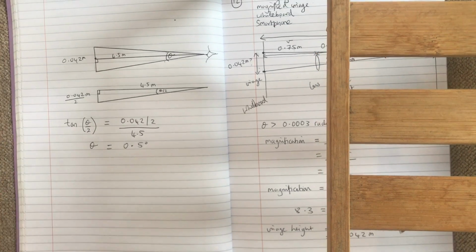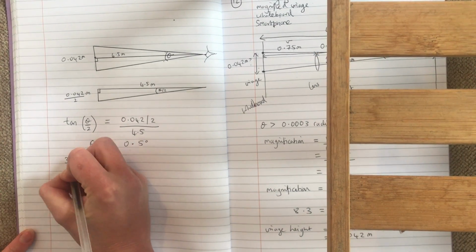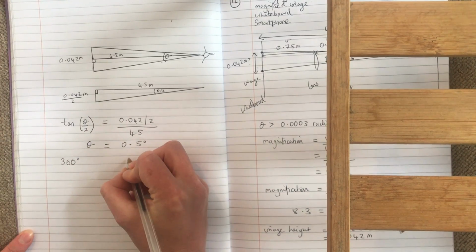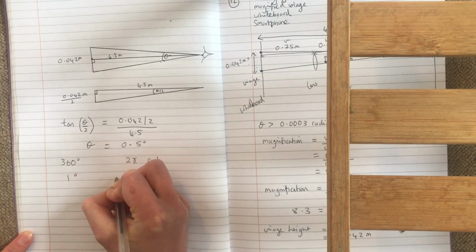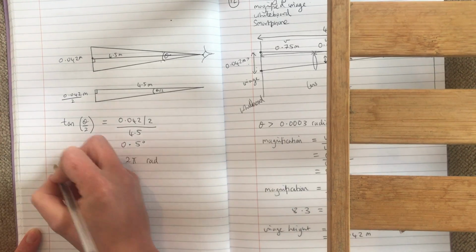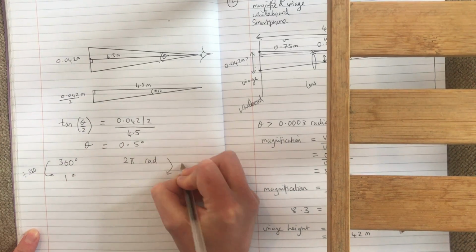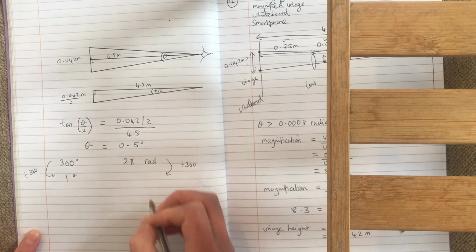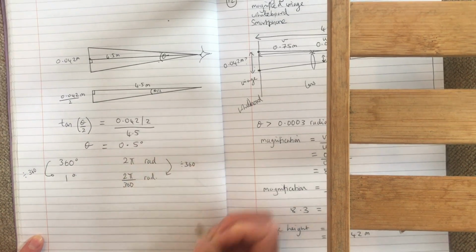So you might want to go from degrees to radians. Well, 360 degrees is 2 pi radians, so 1 degree is 2 pi divided by 360 radians.